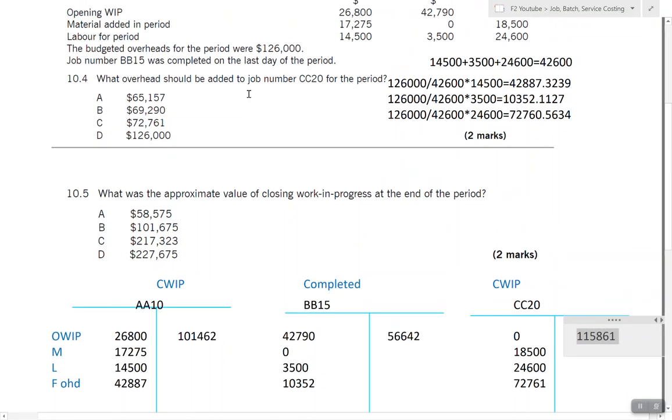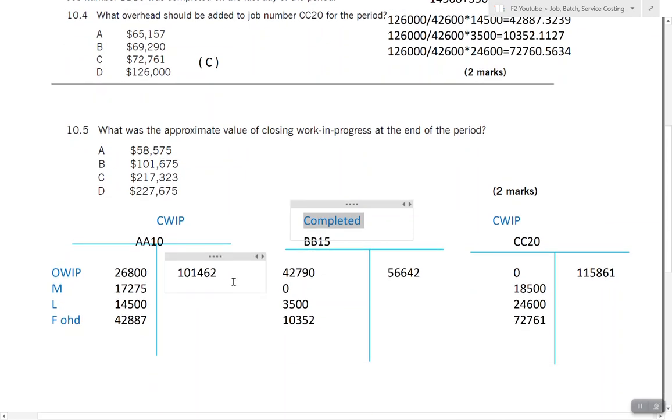Okay, requirement of the question. What overhead should be added to job number CC20? CC20, the last one, which was 72,761. Yeah, C. What was the approximate value of closing work in progress at the end of the period? If you see here, they said job number BB15 was complete, but the others were not complete.